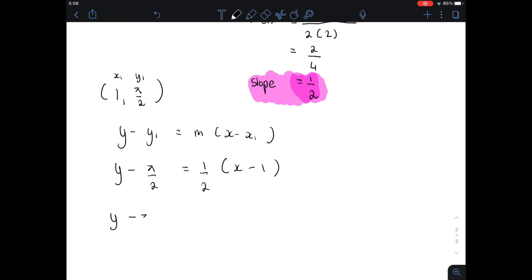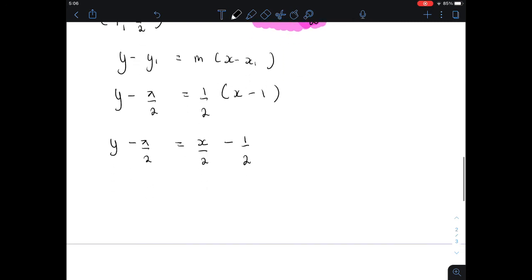This gives us y minus pi over 2 equals x over 2 minus a half. From here we're going to bring our constant to one side of the equation, which gives us y equals x over 2 minus a half plus pi over 2.